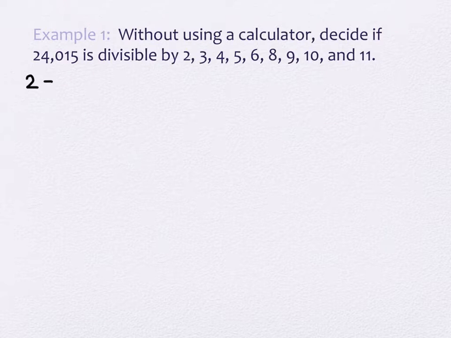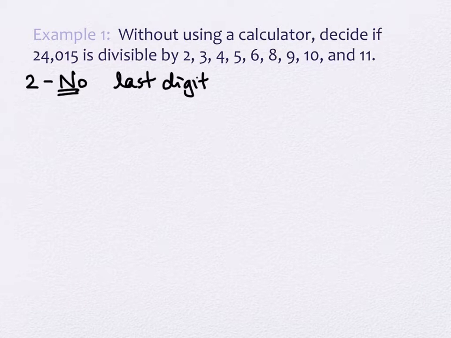2, does 2 work? No. Why is this not divisible by 2? Right, the last digit's odd. Okay, how about 3? Yes, how do you decide? That's the divisibility rule for deciding if something's divisible by 4, but that's not the divisibility rule for 3.